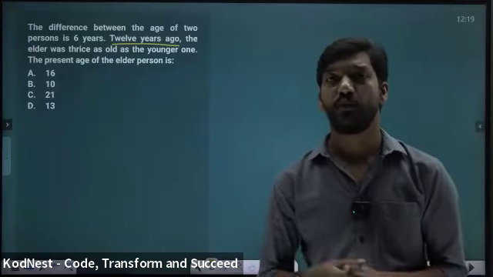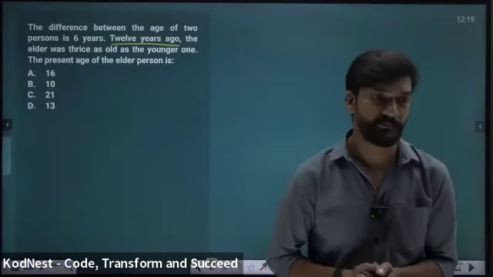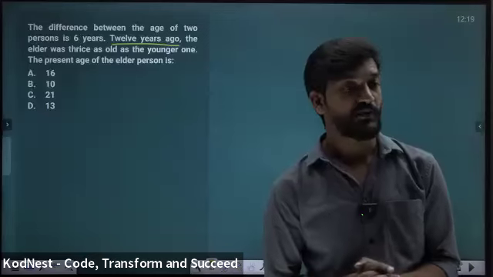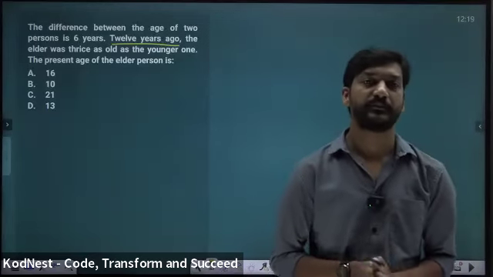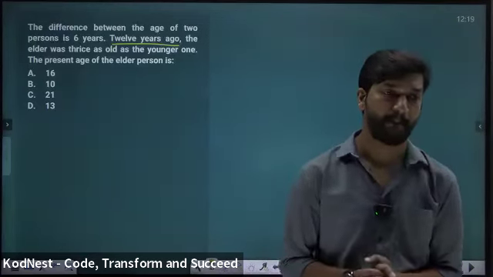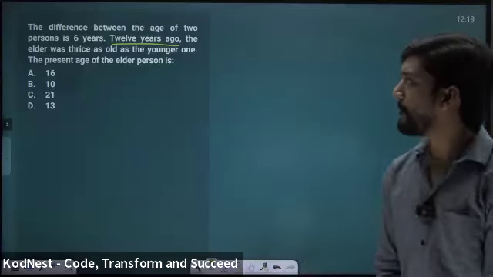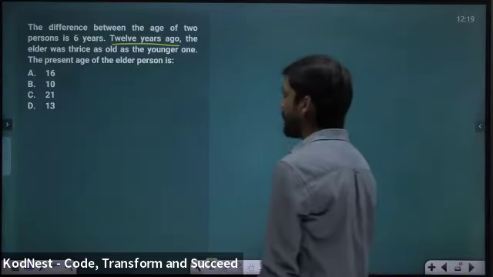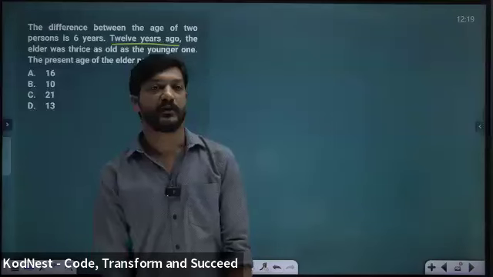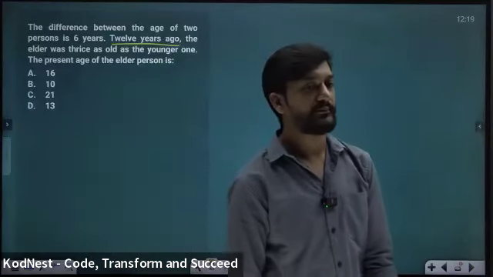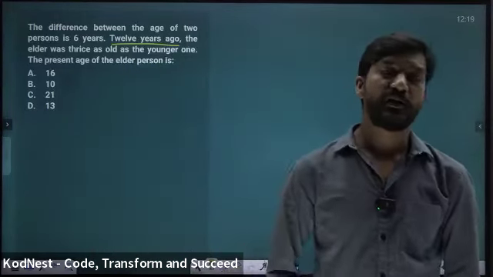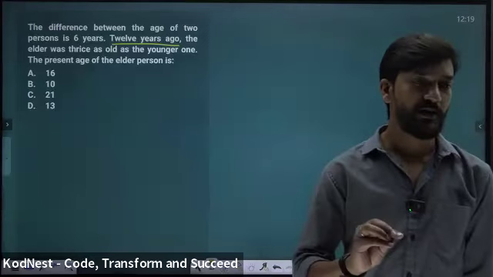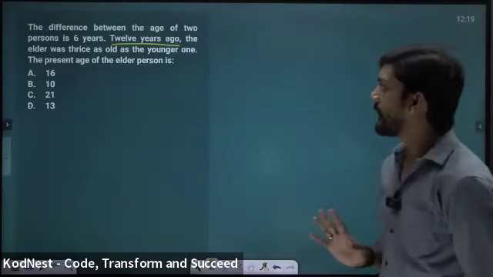If it is, what ratio is this? 1:3 or 3:1.